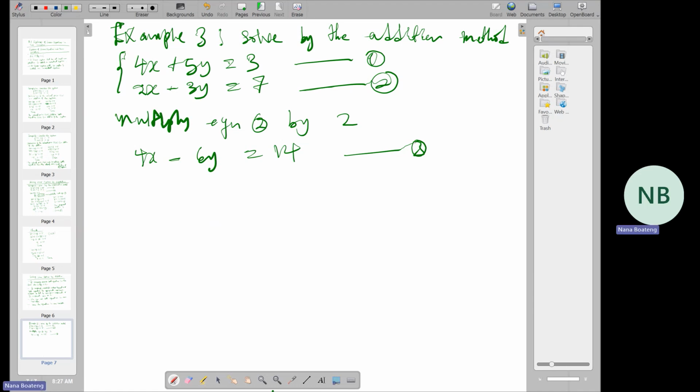So we multiply equation 2 by the number 2, and this becomes our third equation.